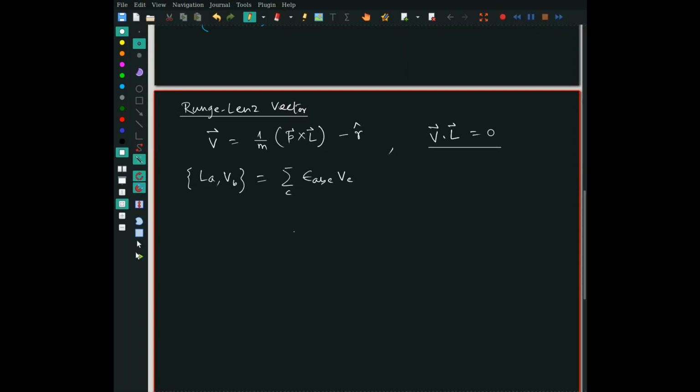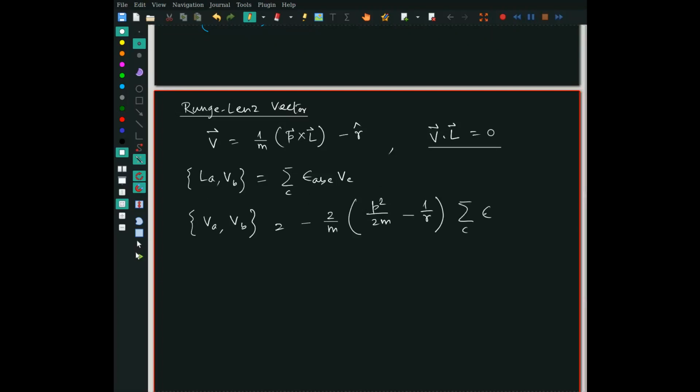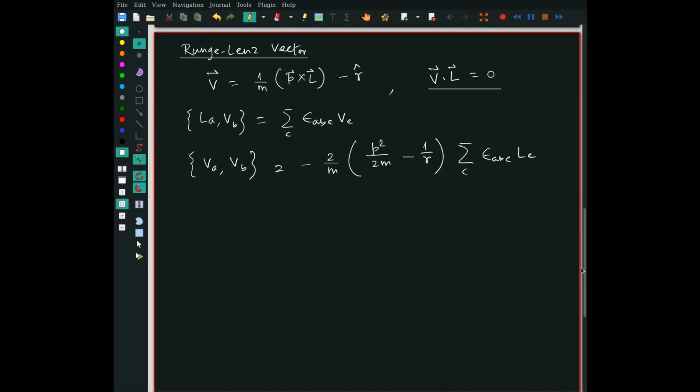Okay, and you can check that the bracket of VA and VB is equal to minus 2 by m times p square by twice m minus 1 by r, summation over C epsilon ABC LC. Okay. So this second Poisson bracket relation gives you one very interesting implication.